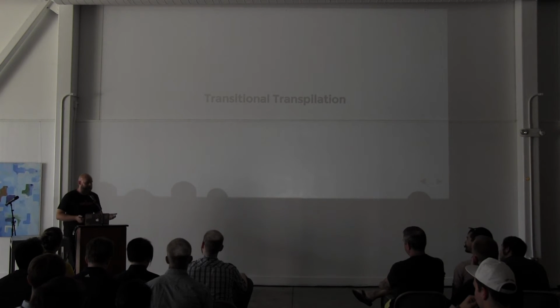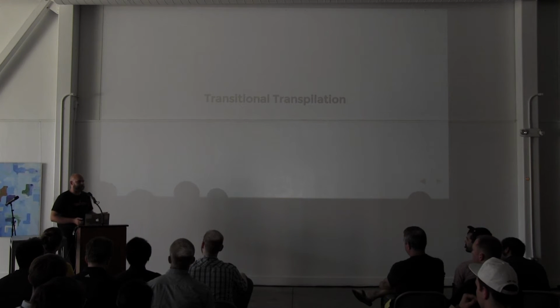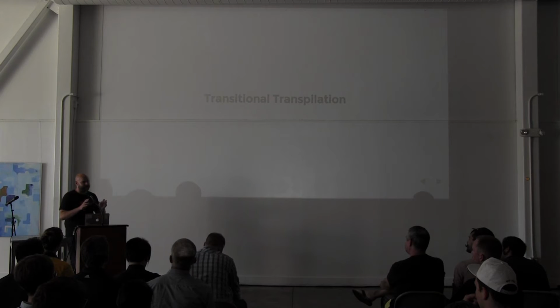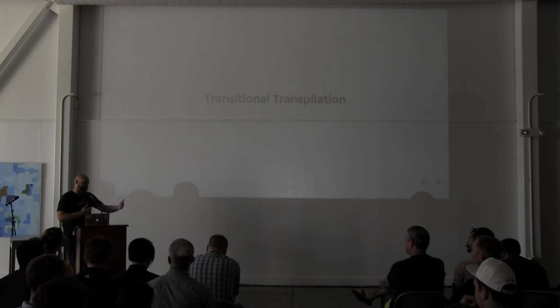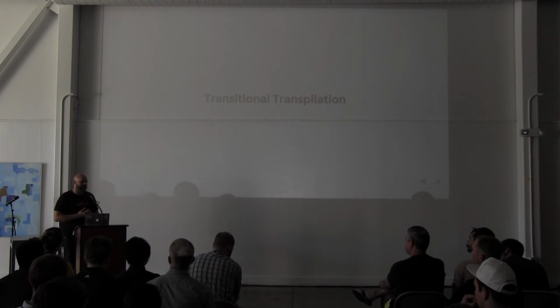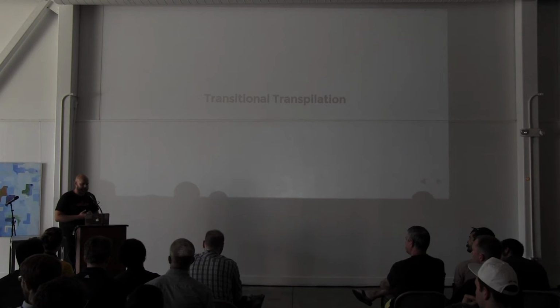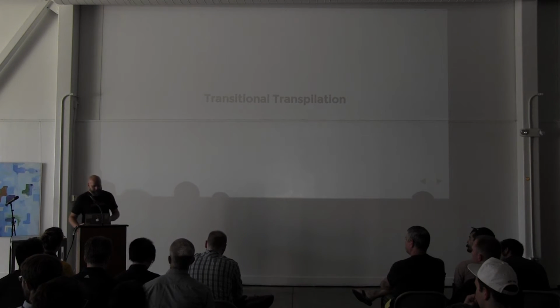But in some cases, it is very difficult to do that, especially in a performant way. So that's what I mean by transitional transpilation, because you may not be able to get all the way to the finish line with regards to the intended spec behavior.